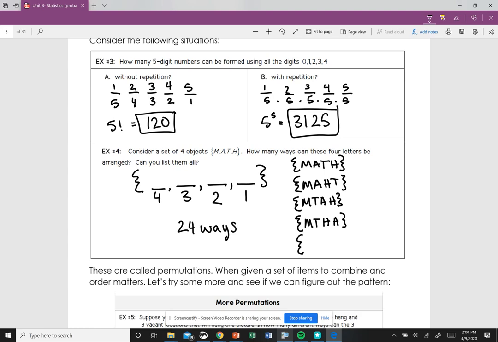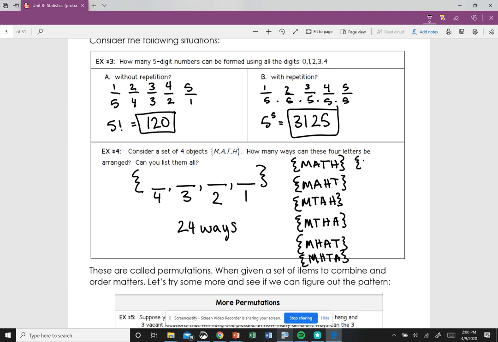And then we've got M-H-A-T. And then we have M-H-T-A. Okay, that's 1, 2, 3, 4, 5, 6. That's all the ways to arrange it with just M. Does that make sense? Because that would be all of these, because we only have the first letter stuck.